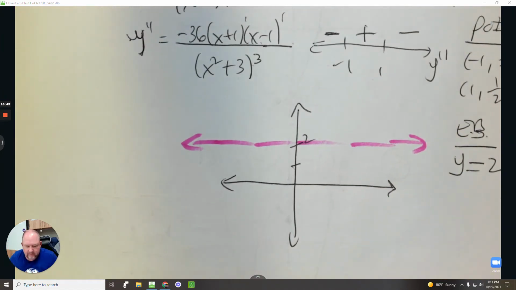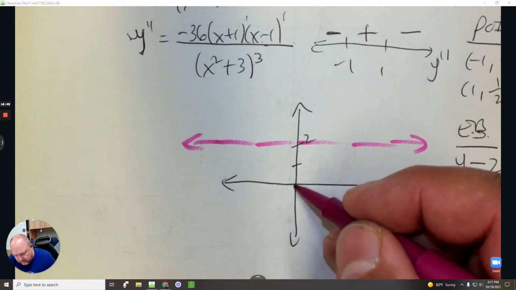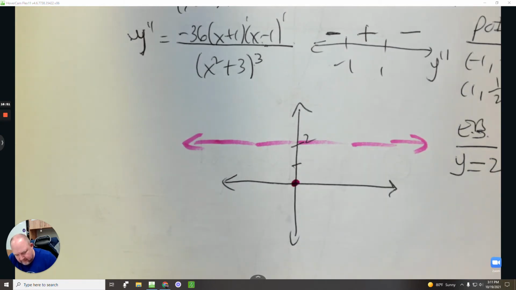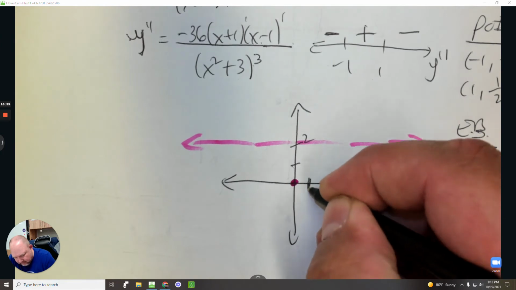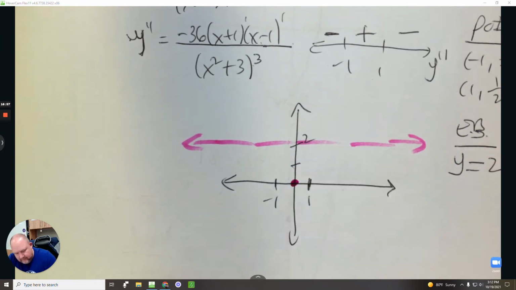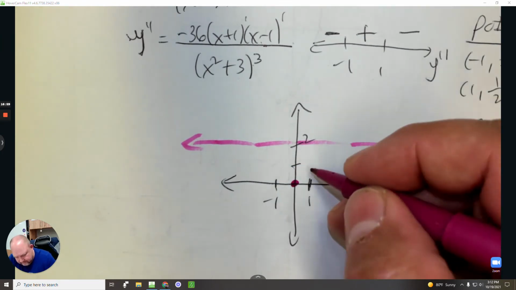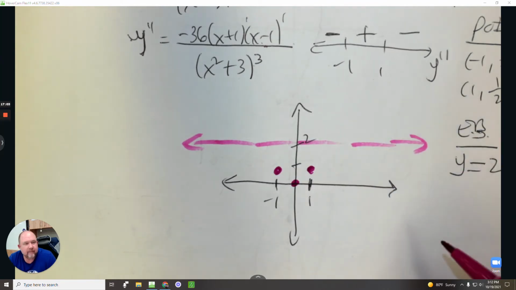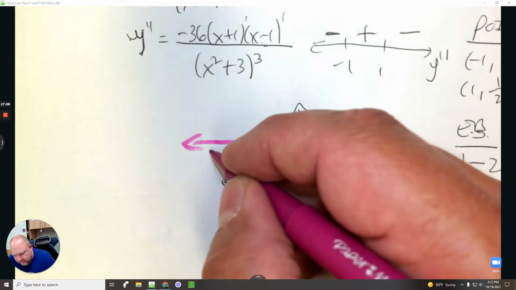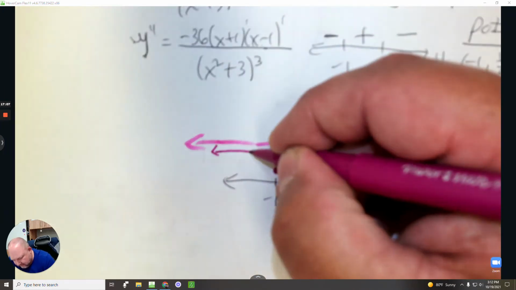What else do I know in my graph? 0, 0 is a minimum. And then we have 1 and a half and -1 and a half. And now the concavity. So this is concave down and decreasing.